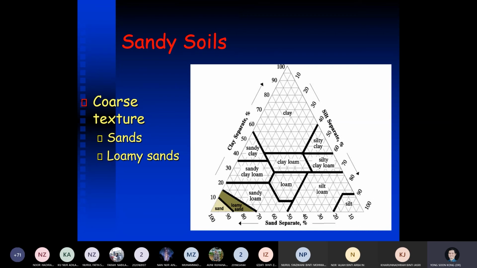So I give you the percentages and ask you, what do you think the texture of the soil is? Of course, in order to ask you this question, I must give you the soil triangle, isn't it? Yeah, for example. So I won't give you a tough question, but I will give you an applied question.